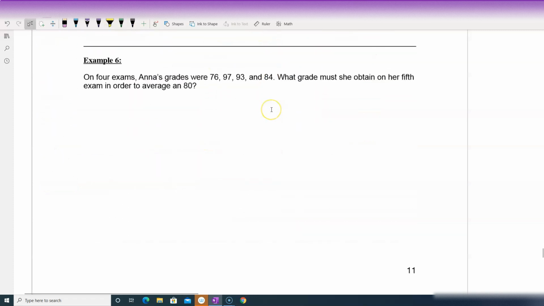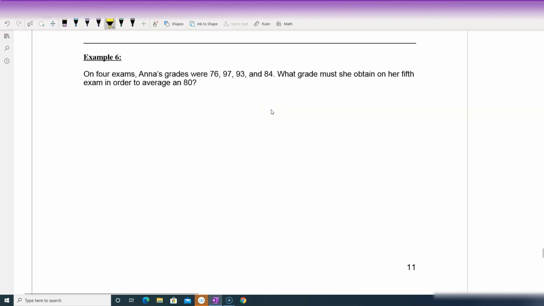Now example number 6. On four exams, Anna's grades were 76, 97, 93, 84. What grade did she obtain on her fifth exam in order to average an 80?